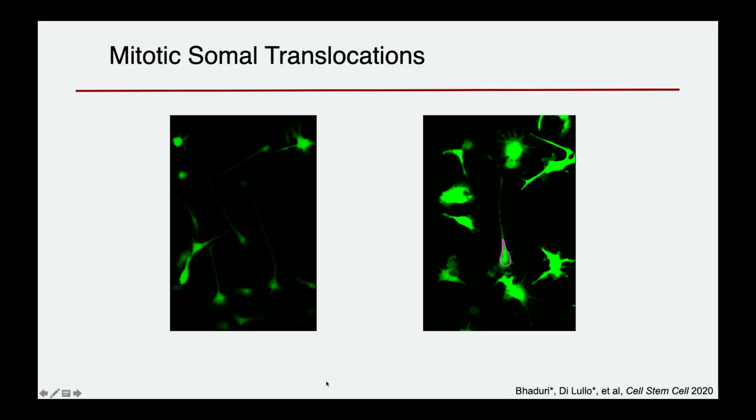So not only did we want to transcriptionally define the cell type, but we also wanted to look at whether or not we could identify the unique cell behavior that outer radial glia undergo. So they typically undergo this jump and divide behavior. And what I'm showing you here are tumor cells that are sparsely labeled with GFP.